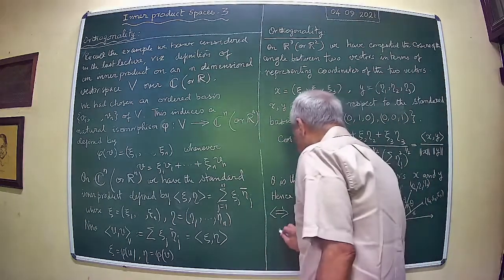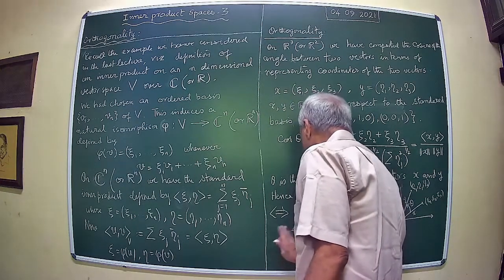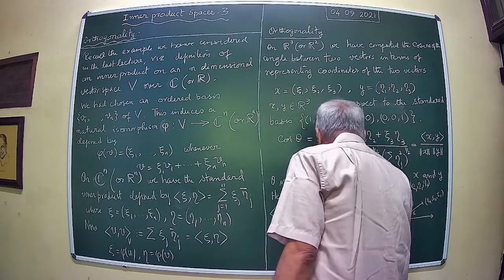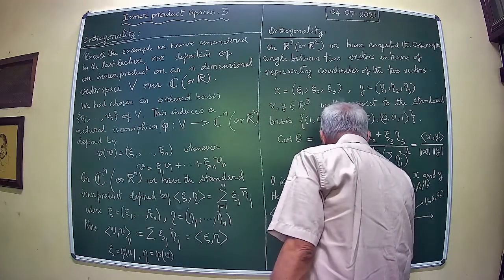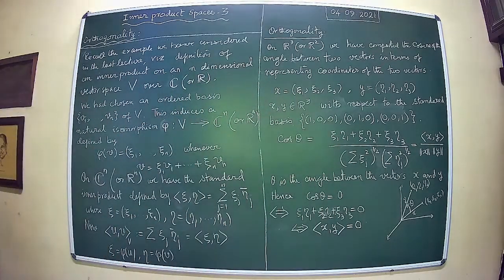That is, if and only if this is equal to 0. This is an observation that we make that works in R3.